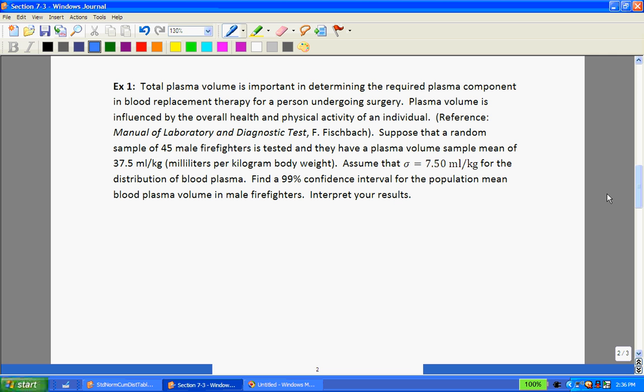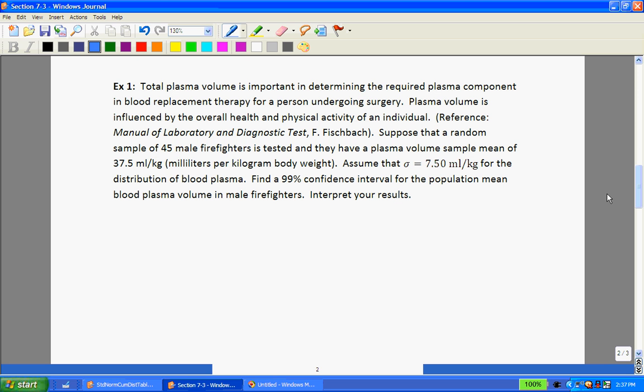Example 1. Total plasma volume is important in determining the required plasma component in blood replacement therapy for a person undergoing surgery. Plasma volume is influenced by the overall health and physical activity of an individual. The reference for this comes from the Manual of Laboratory and Diagnostic Tests by F. Fischbach.